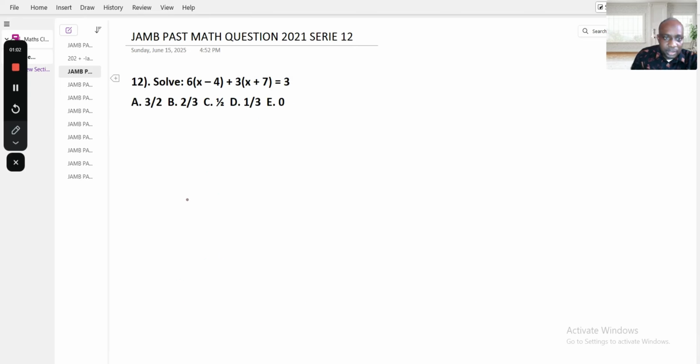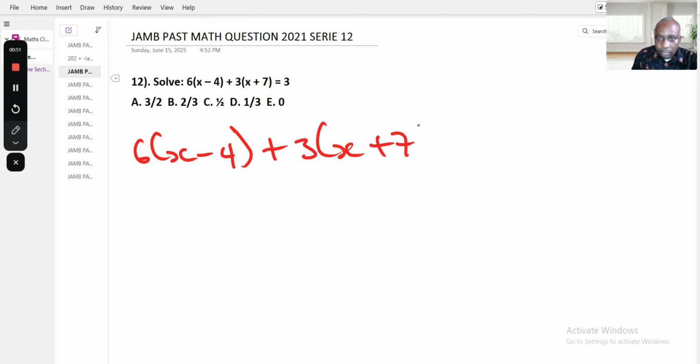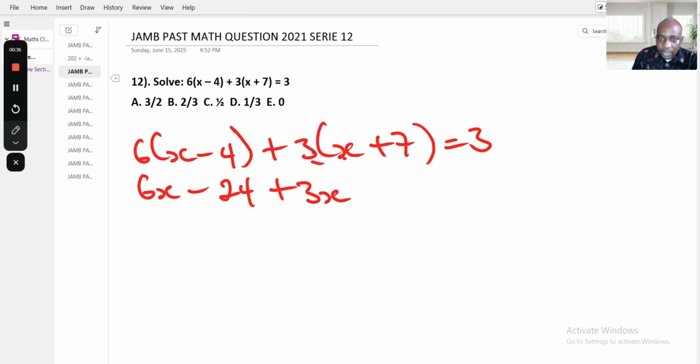Solve this. Now let me write out the question. Now let's open the bracket. 6 times x, 6x, minus 6 times 4 is going to give us 24. 3 times x is going to give us 3x. 3 times 7 is going to give us 21 is equal to 3.